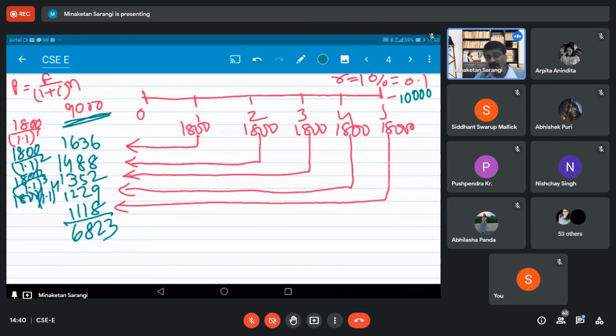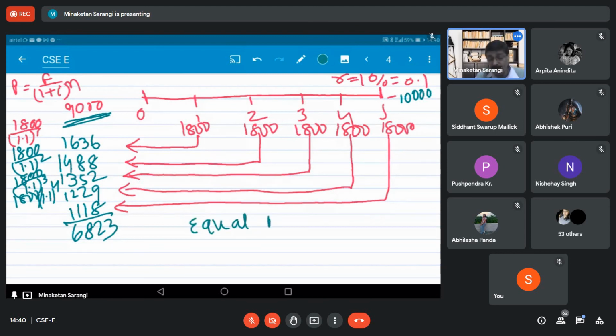Clear or any doubt? Now, this payment of equal amount of money at equal interval. So please concentrate on this.